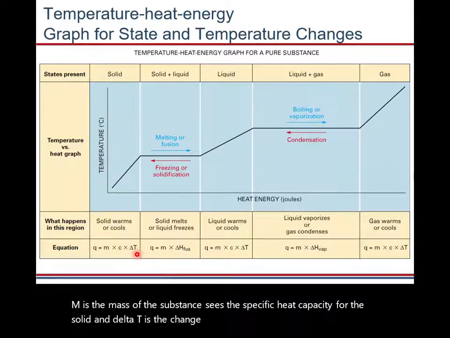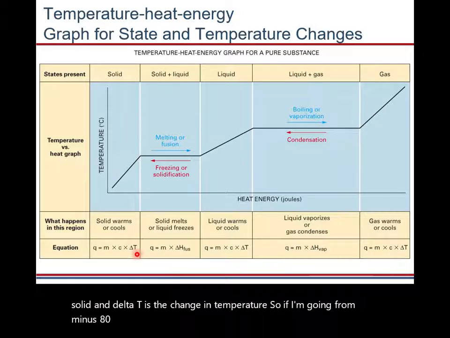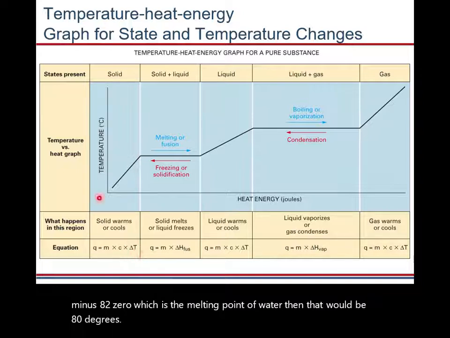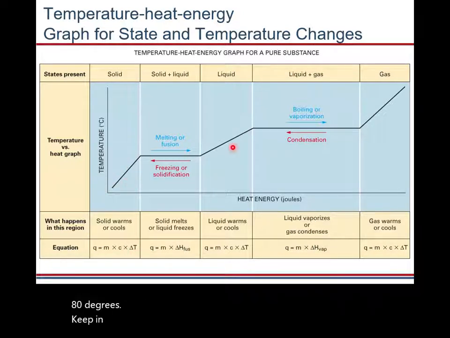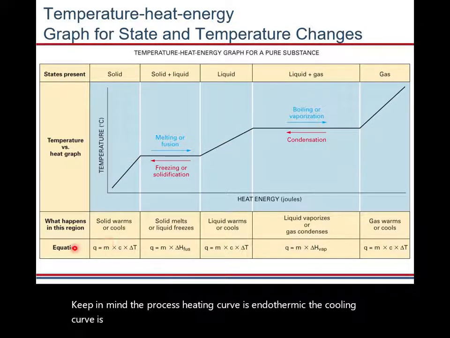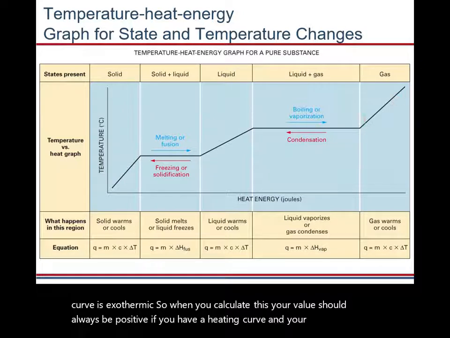So if I'm going from minus 80 to 0, which is the melting point of water, then that would be 80 degrees. Keep in mind, the heating curve process is endothermic. The cooling curve is exothermic. So when you calculate this, your value should always be positive if you have a heating curve, and negative if you have a cooling curve.